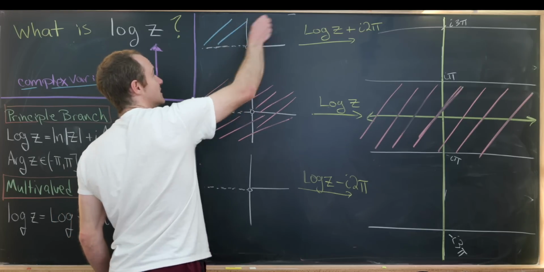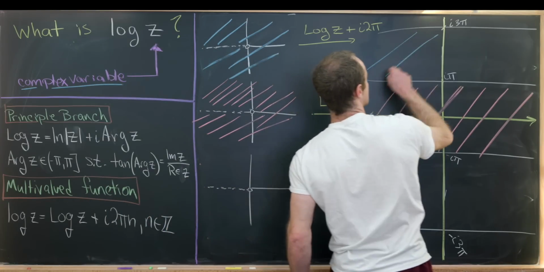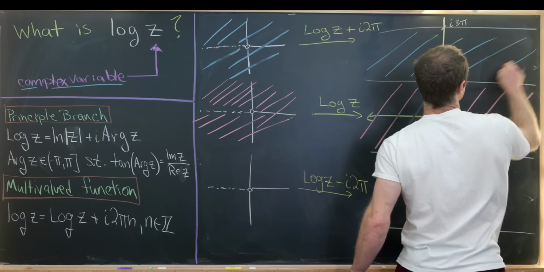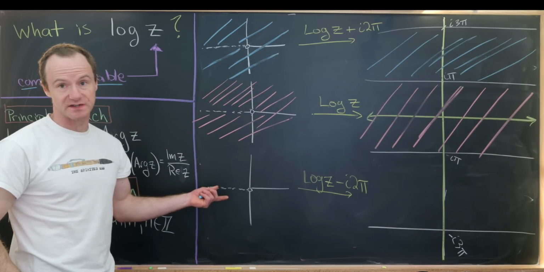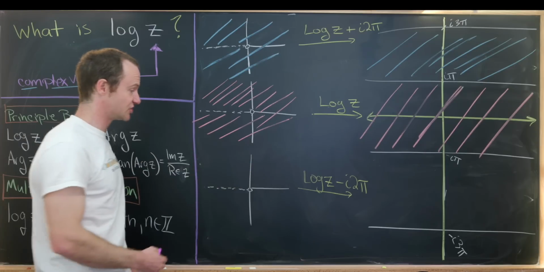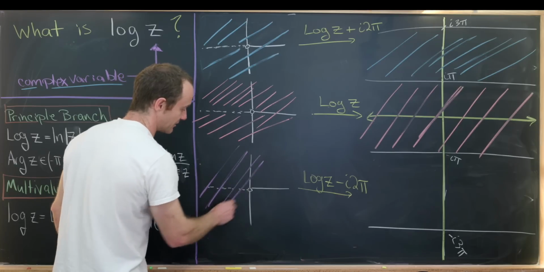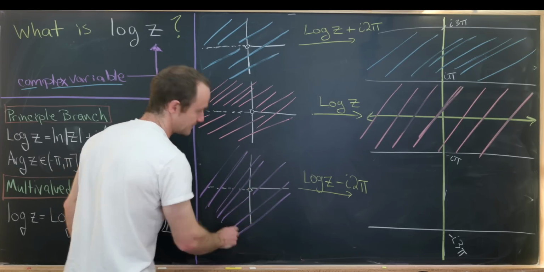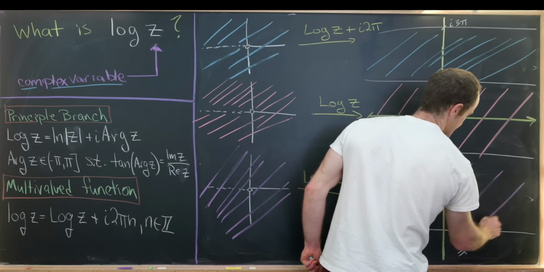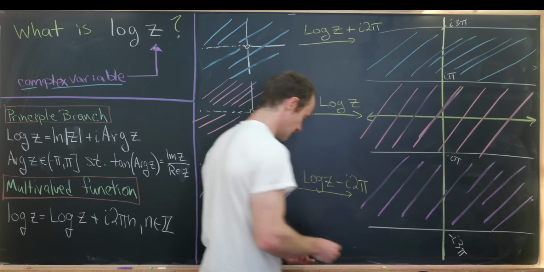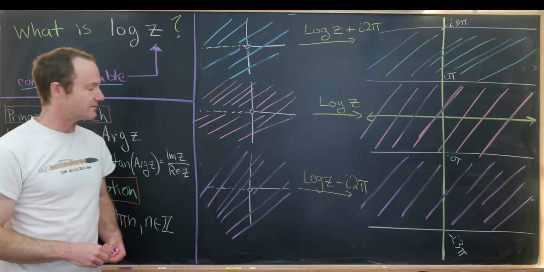So that's going to take this version of the slit complex plane and map it right here. And then finally, if we subtract 2 pi i, that's going to shift it down. So that's going to take this version of the slit complex plane over here and map it down to this strip. Great.